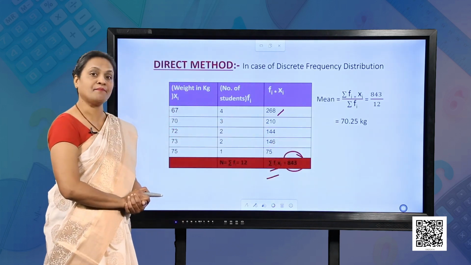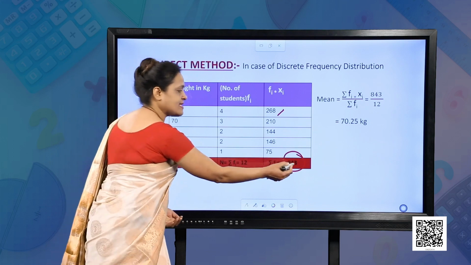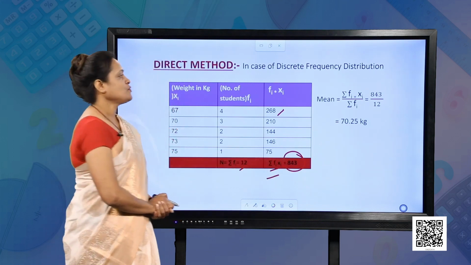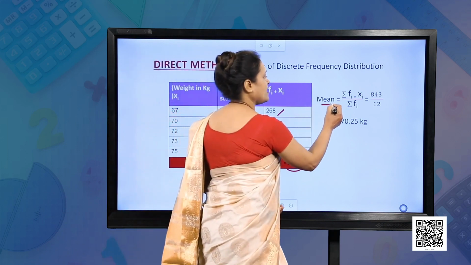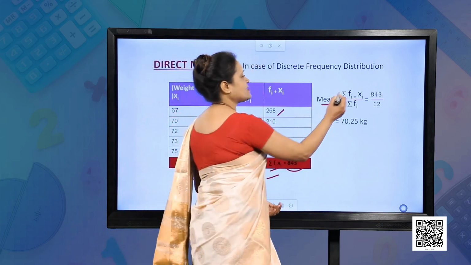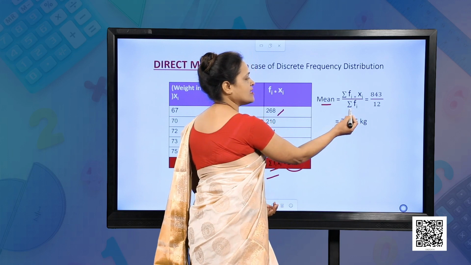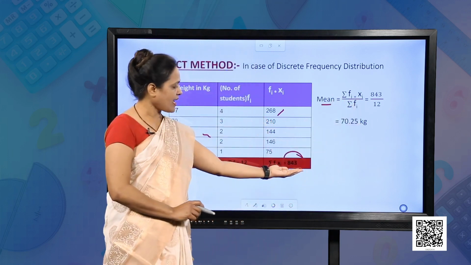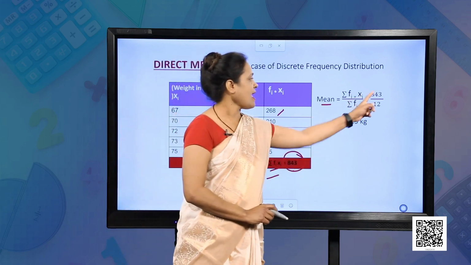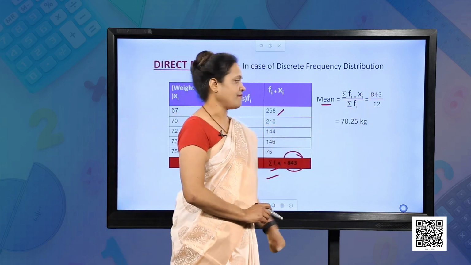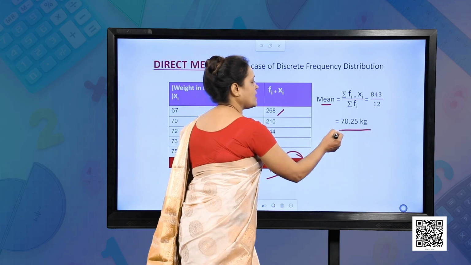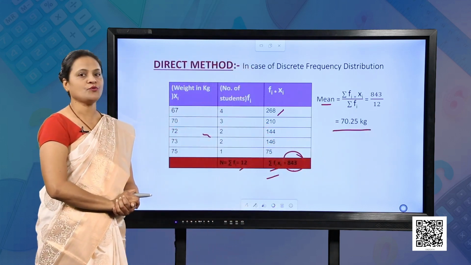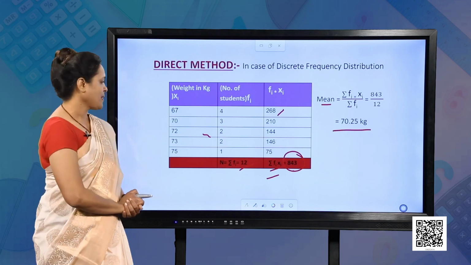To find out the mean, we will divide this sum by the number of students. So, the formula turns out to be mean is equal to sigma fi xi upon sigma fi. Sigma fi xi has the value 843 and sigma fi is 12. So, we get, after calculation, the mean weight as 70.25 kg.